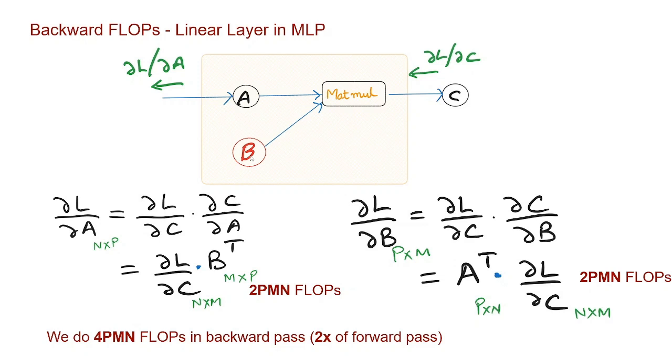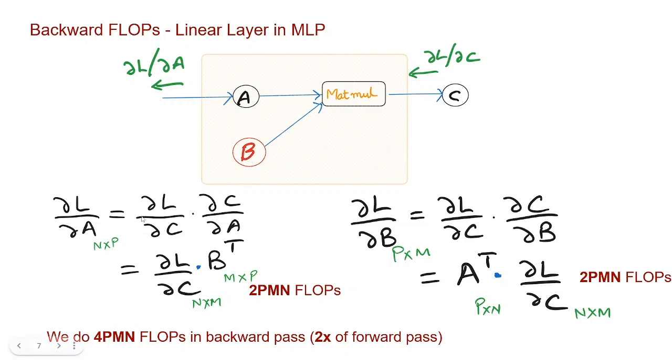B here stands for weights, and the gradient of the activations. We need the gradient of the activations because we need to pass it on for the backward pass for the layers which come before this in the network. So in effect, we need to calculate the partial derivative of the loss function with respect to A and the partial derivative of L with respect to B.